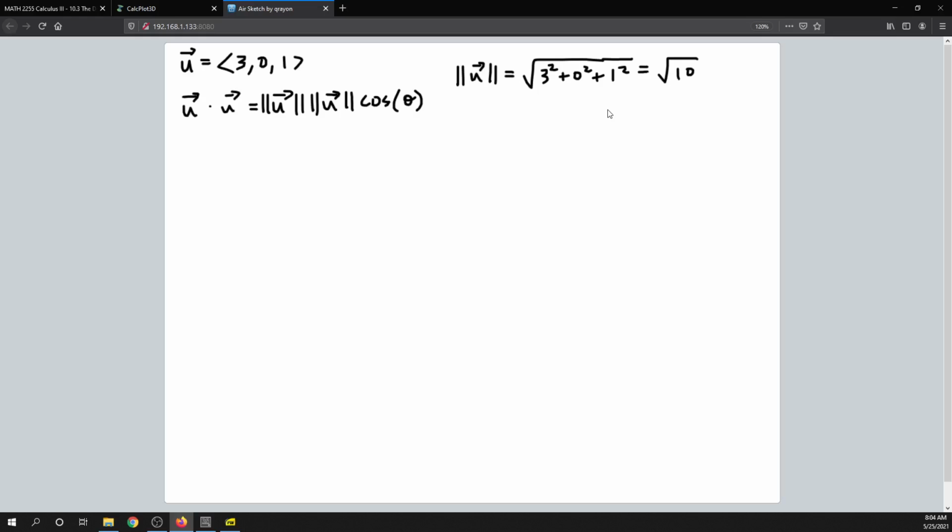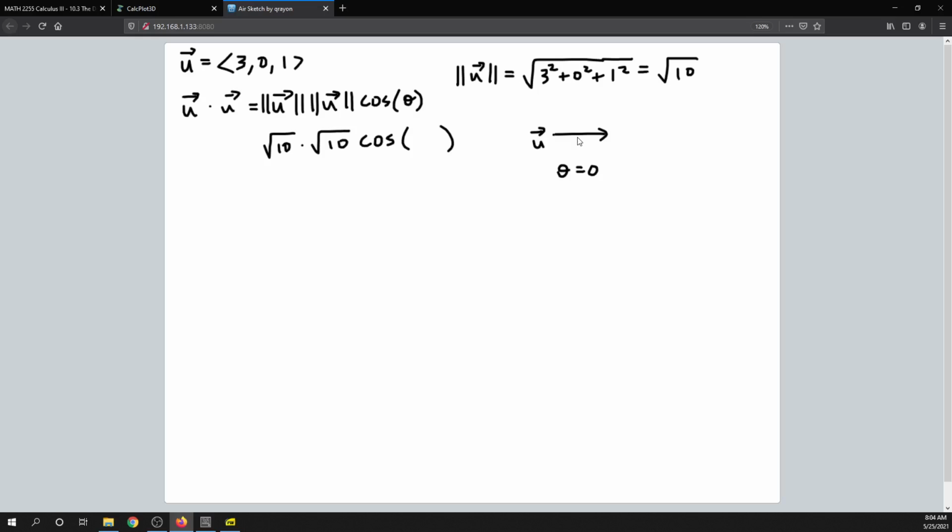So this is going to be square root 10 times square root 10 times the cosine of the angle between the two vectors. You might say, well, two vectors, there's just one vector. In this case, the angle between those two vectors is going to be 0, because it's the same vector itself.